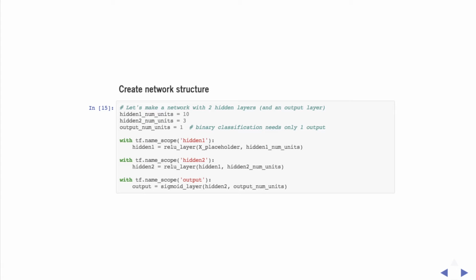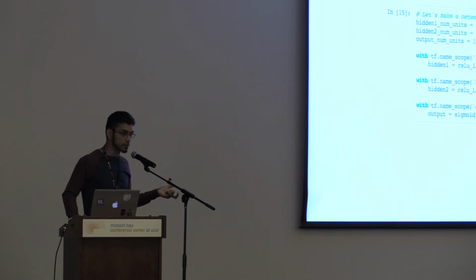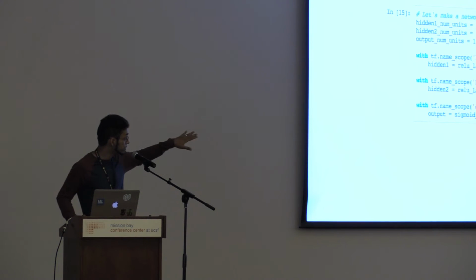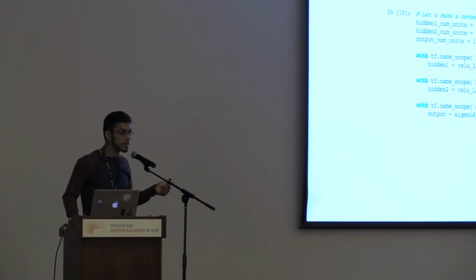And another thing you might have noticed is I'm saying with tf.name_scope hidden 1 and hidden 2 and output. These are kind of optional for TensorFlow. Even if you left them out, you just specify the layer creation, that would work fine. It's just that, again, TensorFlow would assign some default name to each of those operations.